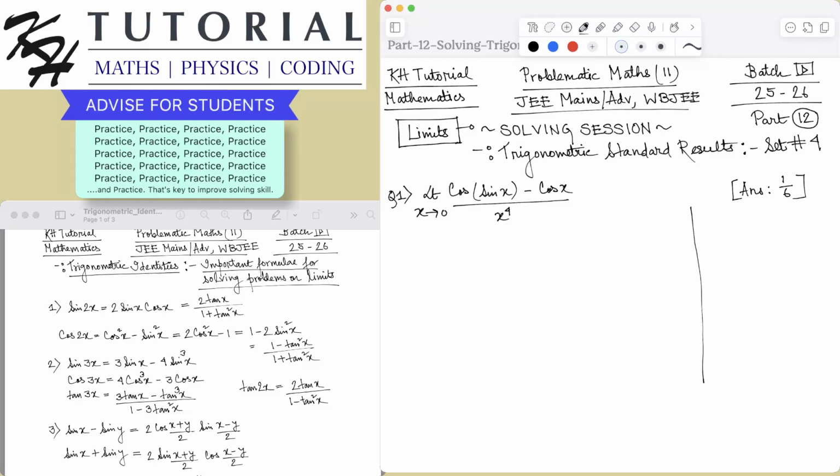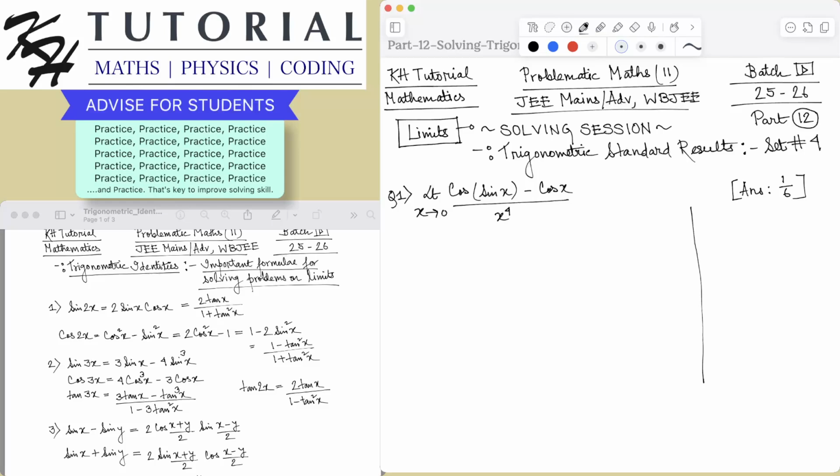Now instead of x, it could be any function of x. And in doing that, there are certain trigonometric identities or formulas that are widely used. They are very useful for converting the given function into factors of sin x, cos x, or tan x.